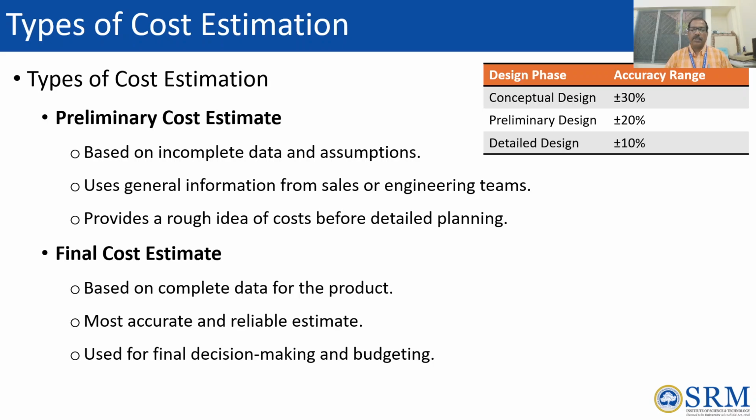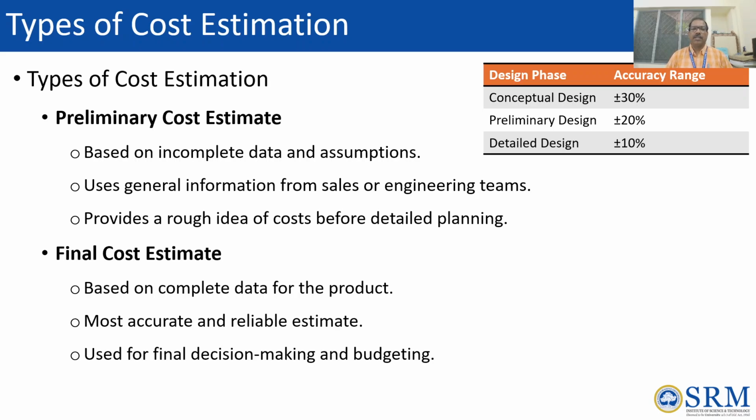So in the last few lectures we saw the functions and importance of cost estimation, the objectives of cost estimation, and the definition of cost estimation, all of which we have gone through, right? Just to recollect, cost estimation means predicting or forecasting the cost that is going to occur in order to make one particular product or part before it happens.